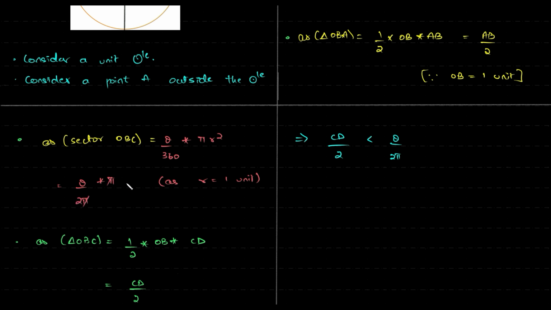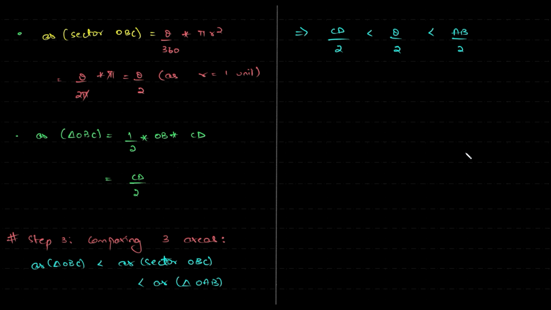So pi gets cancelled, and this is clearly theta by 2, which is going to be lesser than AB by 2. And in all of this, 2 is common, so I can cancel 2.